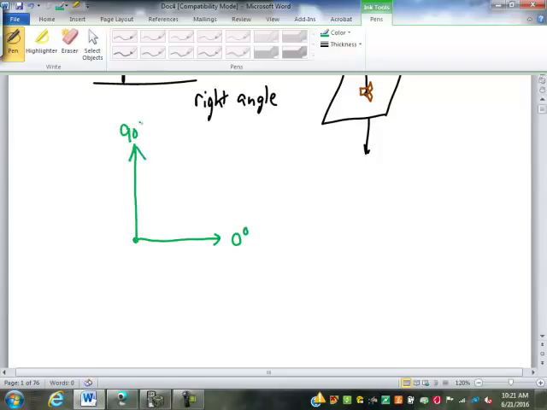Then you had the 90 degree direction, which was north. 180 degrees would be west. 270 would be south. And then 360 would be back to east, a full circle. So technically you don't really reach 360 degrees, you get reset back to 0.